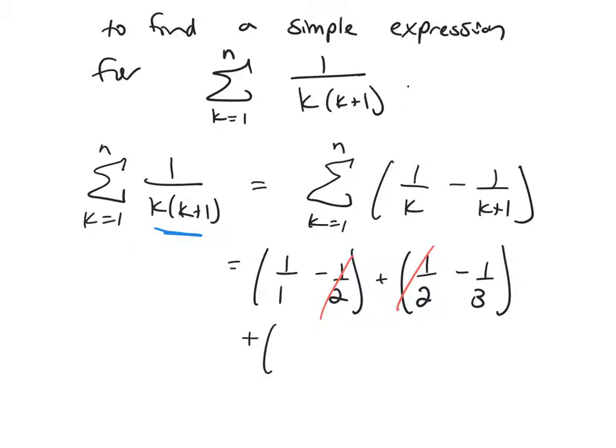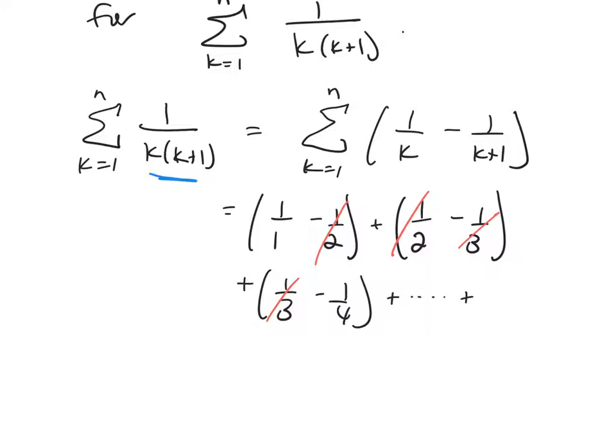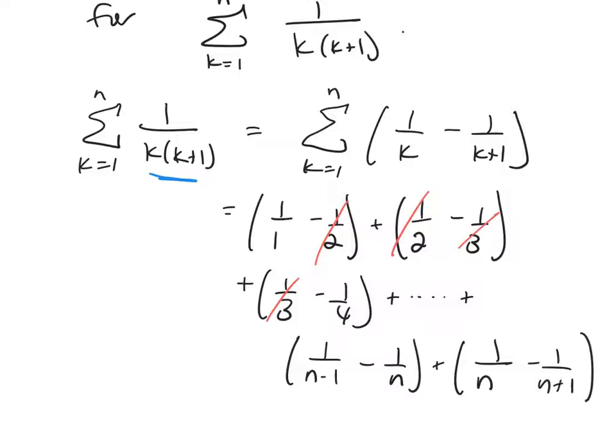And the next term will be 1/3 minus 1/4. The negative 1/3 and the positive 1/3 cancel. Keep going. And the term before the last one is 1 over n minus 1 minus 1 over n, and the last is 1 over n minus 1 over n plus 1.